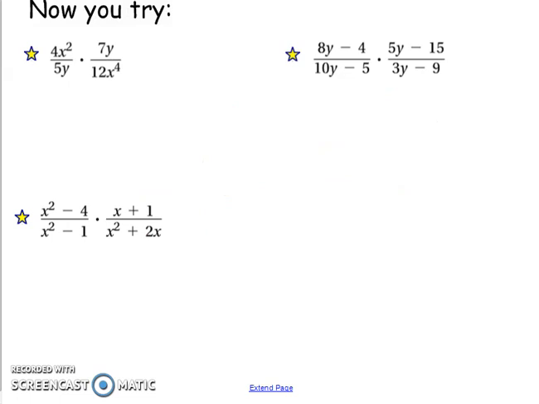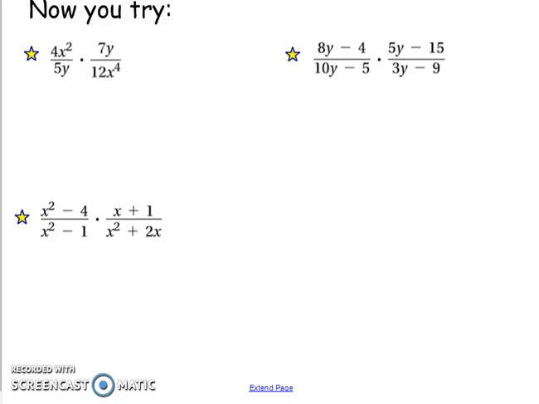So if we look at these, okay, first, again, we want to make sure that we factor anything that we can first. In this first example, we can't factor, so we're just going to reduce. So we can reduce up and down. We can also reduce diagonally. So if we look at the 4x squared, I can reduce that with the 12x to the 4th.